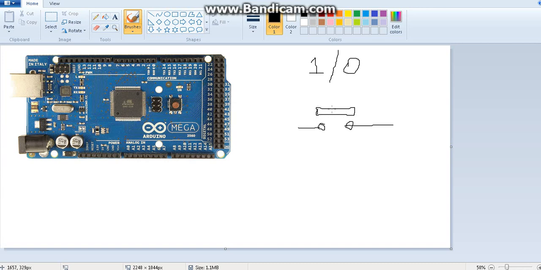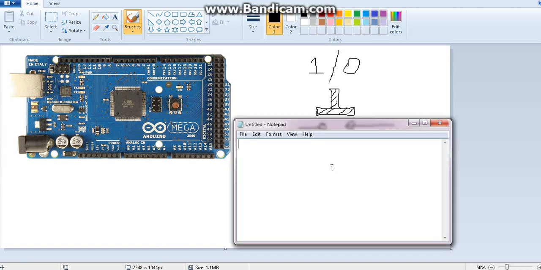What does a push switch mean? In the next video I will show you a picture of it, or you can simply Google push switch. Push switch or push button, both are the same, and look at the images.